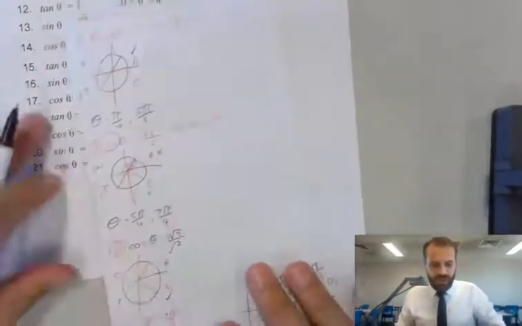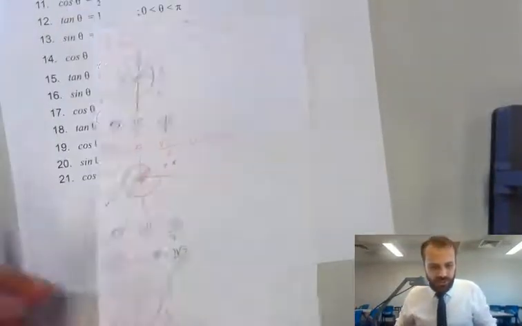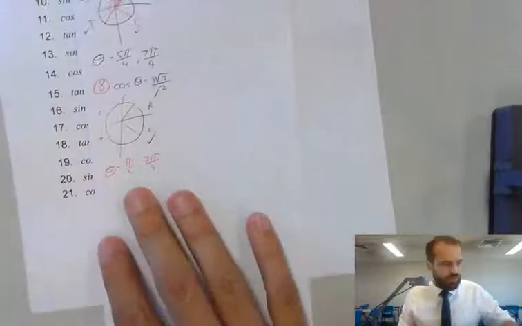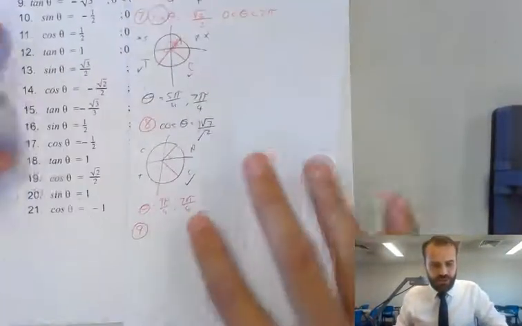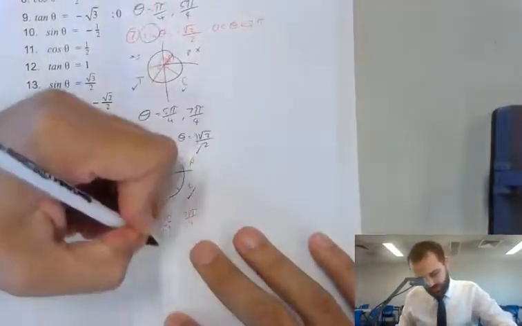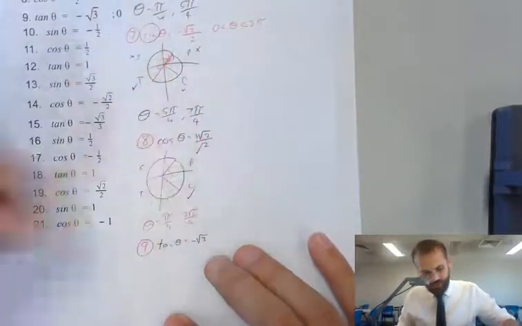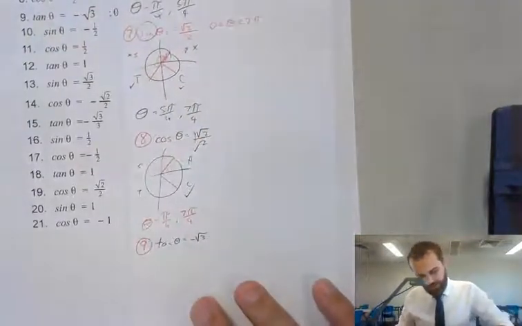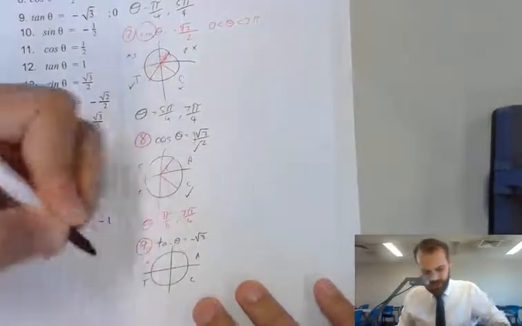Alright, that's question 8. Question 9 is the last one where we're going to have a whole revolution of the circle. Then we're going to look at some different questions. So, question 9 asks tan theta equals negative root 3. Again, circle, CAST.